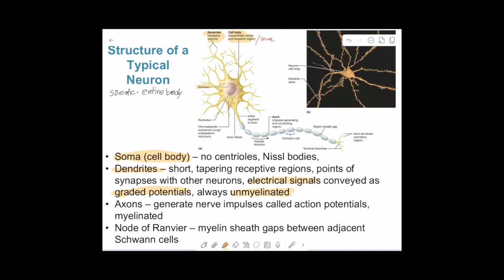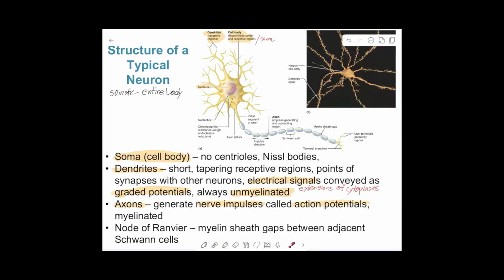Both axons and dendrites are extensions of the cytoplasm. So they are processes that extend out from where the cell body is located. The axon generates nerve impulses, which are called action potentials.